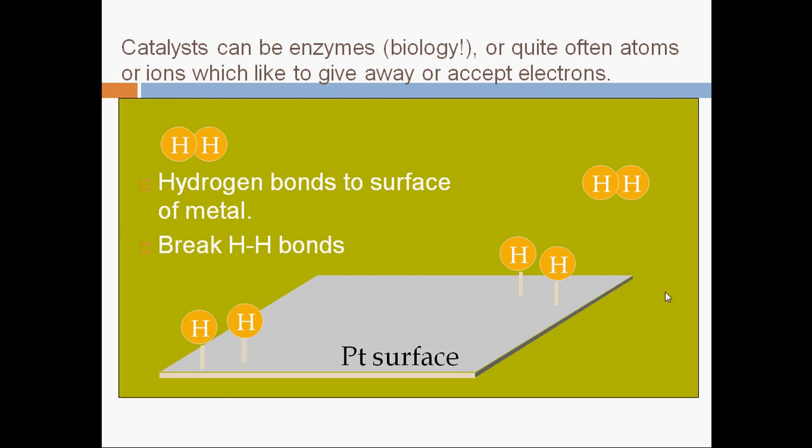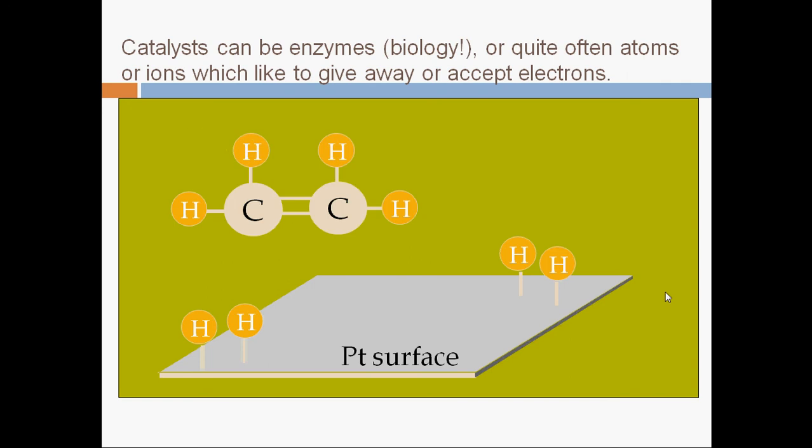Now what we see is that it attracts hydrogens. So our little hydrogen molecules are wandering around through the air, and as they interact with the platinum, they go, oh, we want to bond with you. So the hydrogens break their bonds with each other and instead bond with the platinum. And platinum's like, cool, whatever, come hang out, life is great.